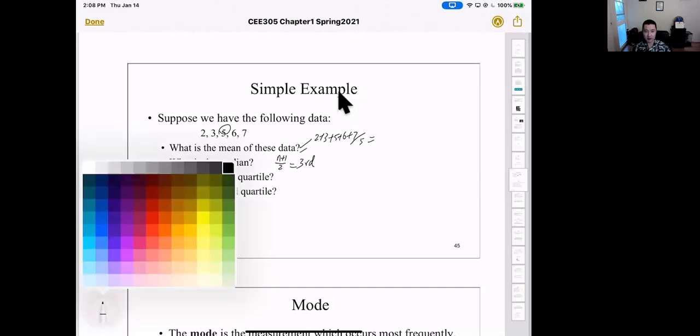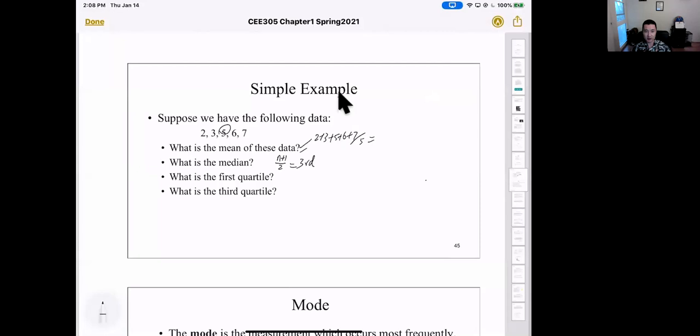Sorry. So the third one is the median. The third sample item is 5. Then what is the first quartile? For the first quartile we calculate 0.25 times (n plus 1). Again, n is 5 here, so that is 1.5.